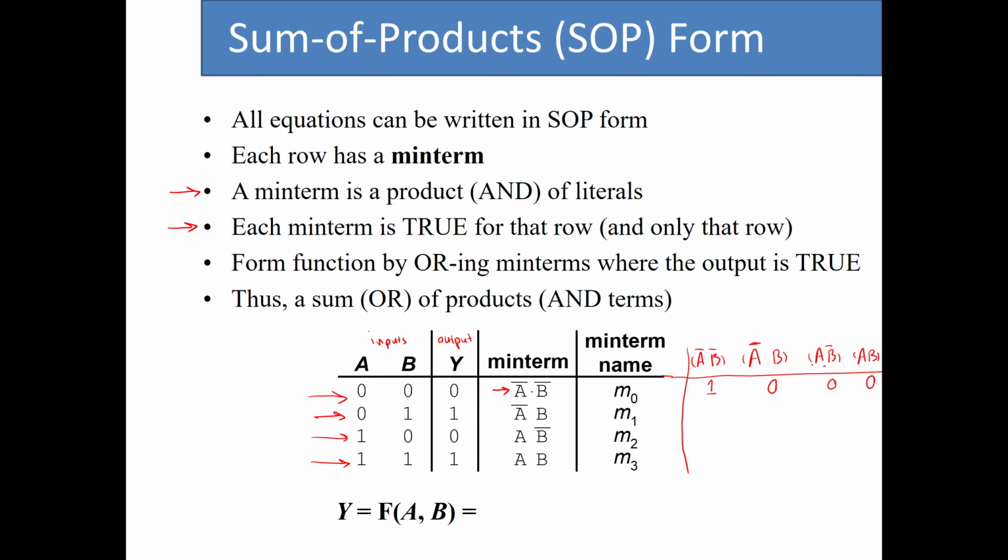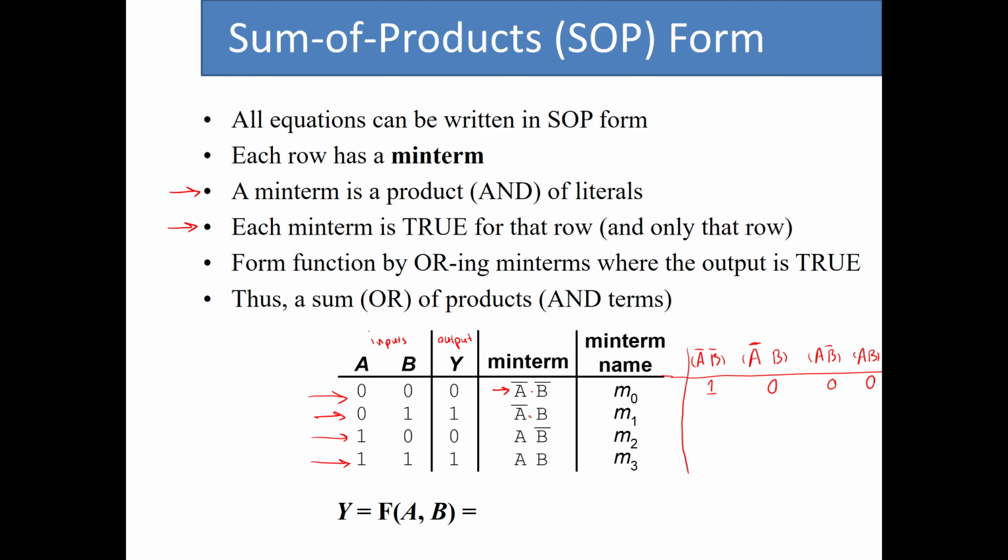At least one of them is going to be 0, either A or B, or A bar or B bar for these three, which makes the value for these three minterms 0. We can do the same for the second row as well. When A is 0 and B is 1, the associated minterm for this row is A bar B.